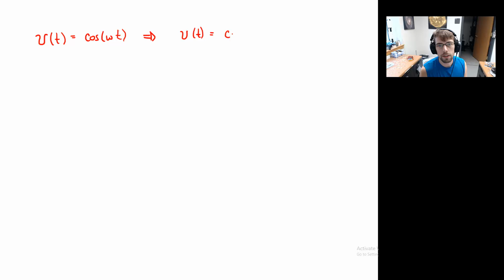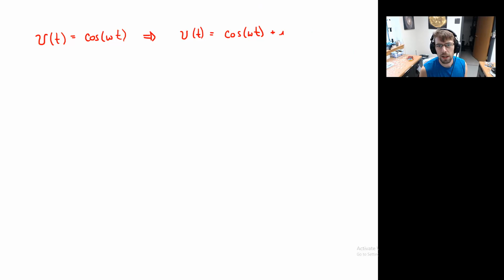So let's go ahead. If v of t is equal to cosine of omega t, rather than thinking of only a real part, I'm going to think about a real part with this imaginary part entered in. And then afterwards, I'll remove that imaginary part.